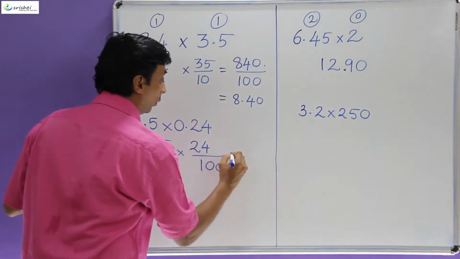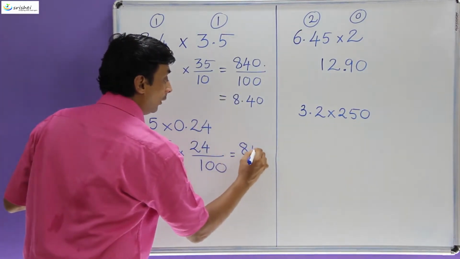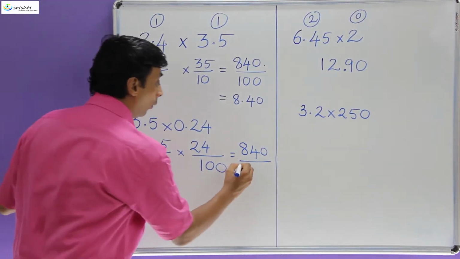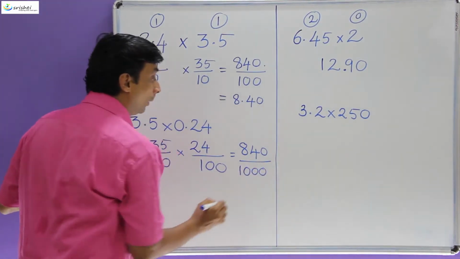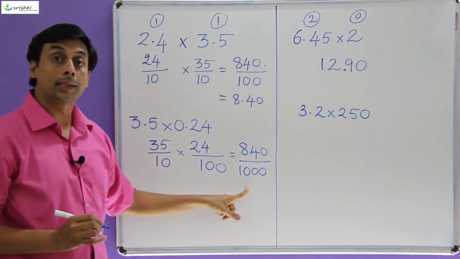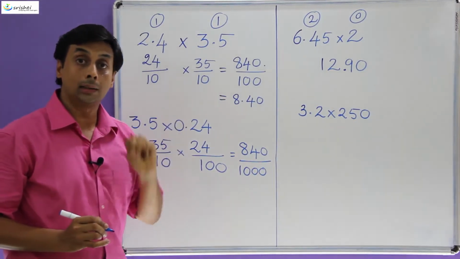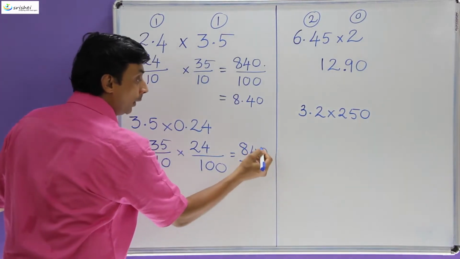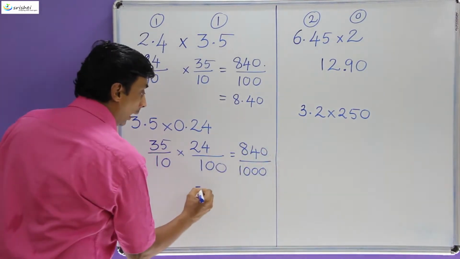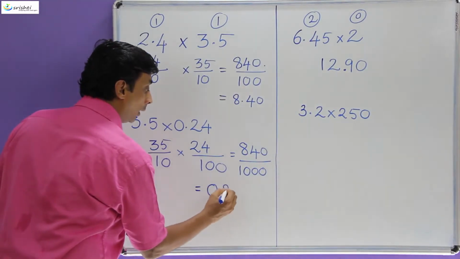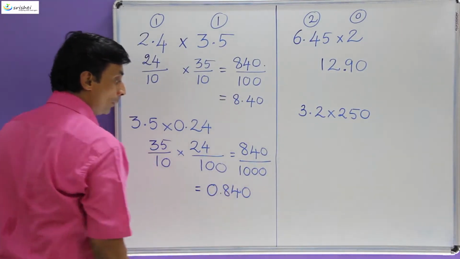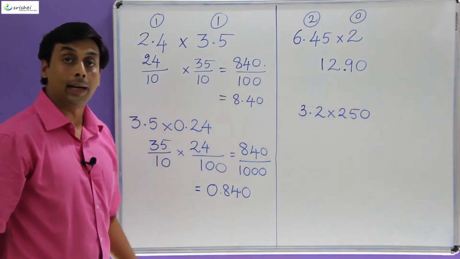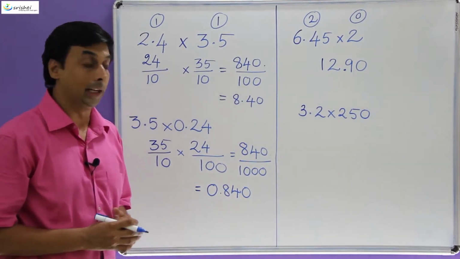We saw 35 into 24 is 840 divided by 10 into 100 is going to be 1000. So how many decimal places are going to be there in this calculation? There are going to be 3 decimal places. So the decimal point is over here right now, shifted by 3 places to the left, and you get your answer as 0.840. Right? Now I can omit this particular 0 and write the value only as 0.84.